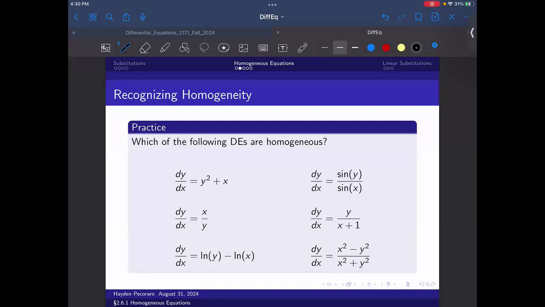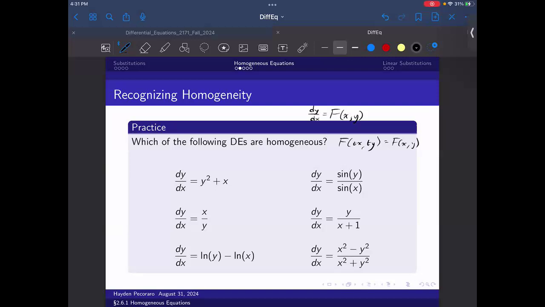I will give you one more tool before I force you to practice this. If you have f of xy on one side of your differential equation, and you substitute t times x and t times y, or just some variable t, if this ends up being exactly equal to f of xy after you do some algebra, i.e. the t's cancel out somehow, then it's a homogeneous differential equation.